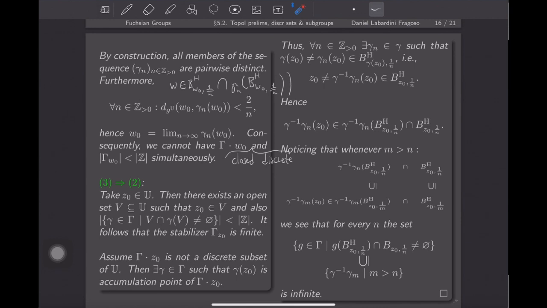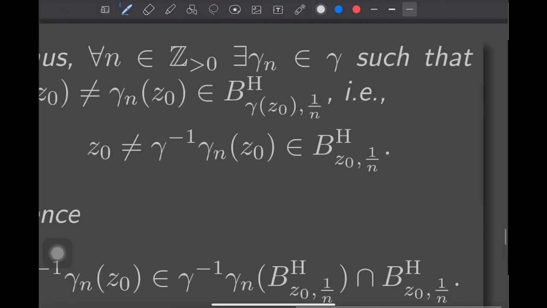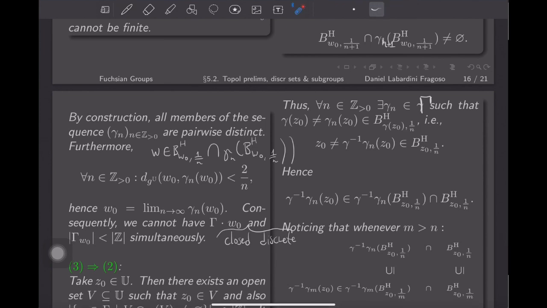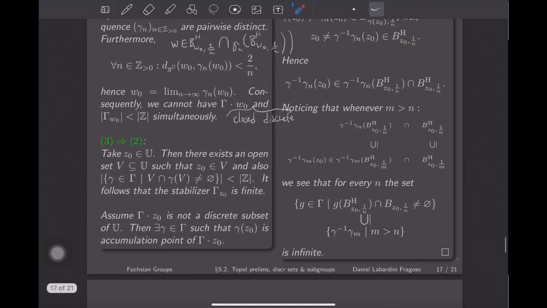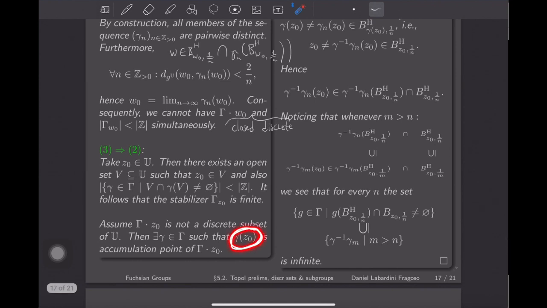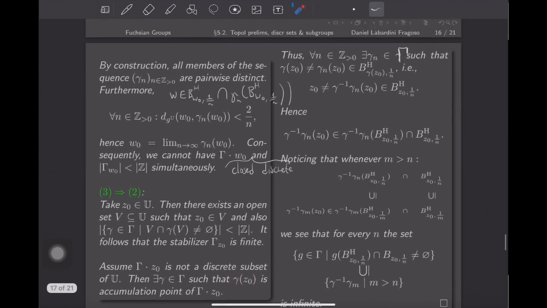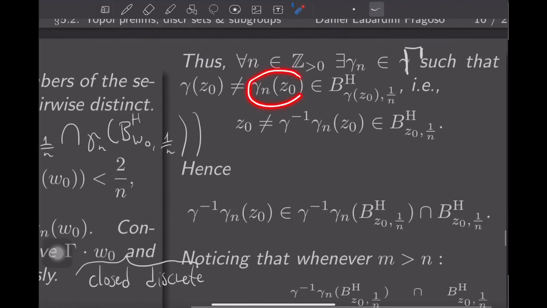That means that for each integer n there is someone in capital gamma with the property that, well, these are different because I want to approximate the point in a non-stationary fashion, and this point is sufficiently close to the point I'm approximating, by less than 1/n.